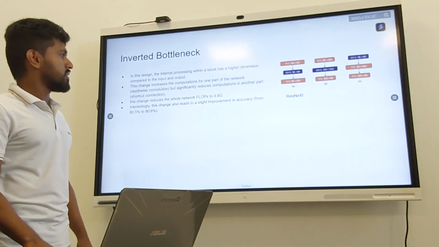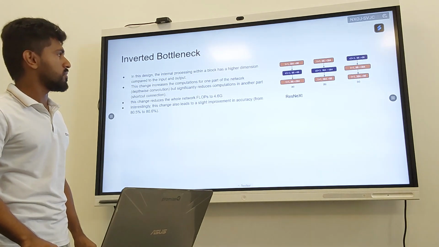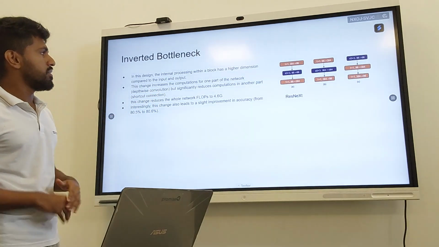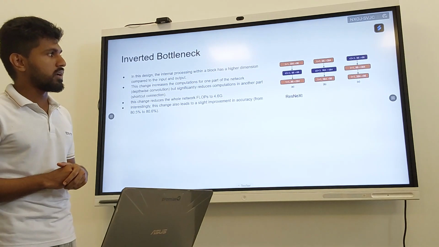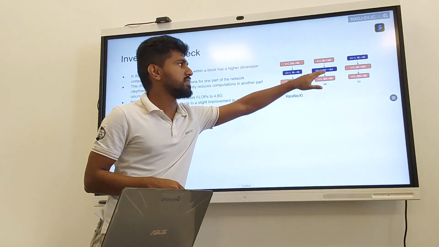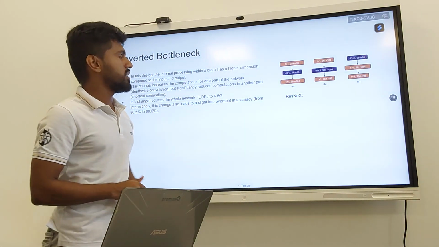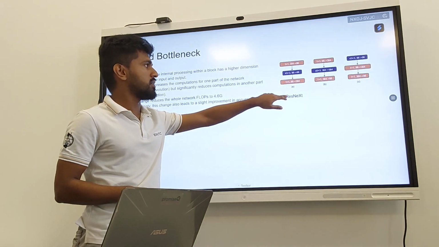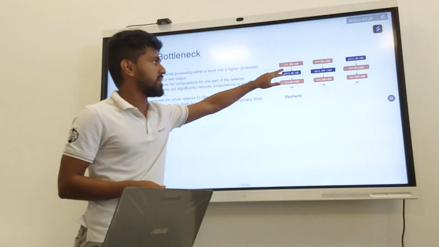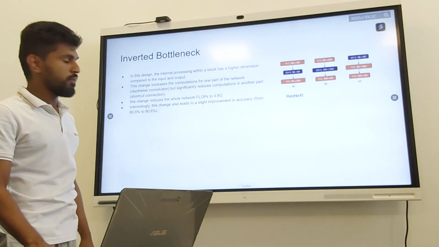Then they introduced the inverted bottleneck architecture. In the inverted bottleneck architecture, the block has a higher dimension internally compared to the input and output. In the ResNeXt paper, which is the ResNet-inspired paper, it has the architecture the other way around, and they inverted that to get this bottleneck architecture.